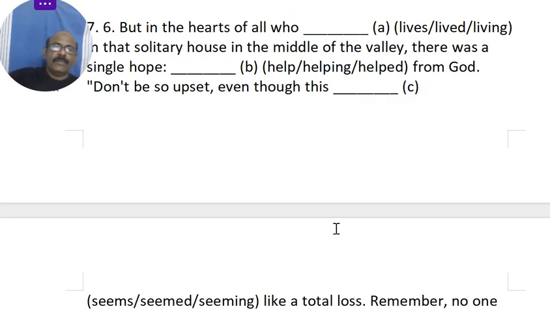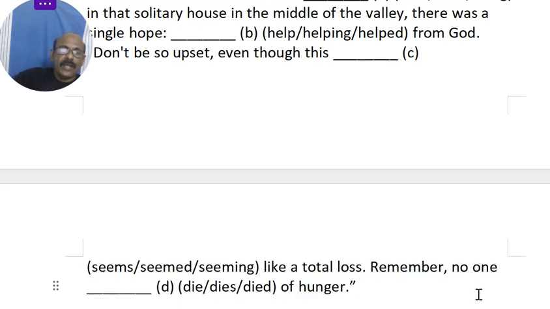Next. But in the hearts of all who dash that solitary house in the middle of the valley, there was a single hope from God. Don't be so upset, even though this is seen as total loss. Remember one dash of hunger.